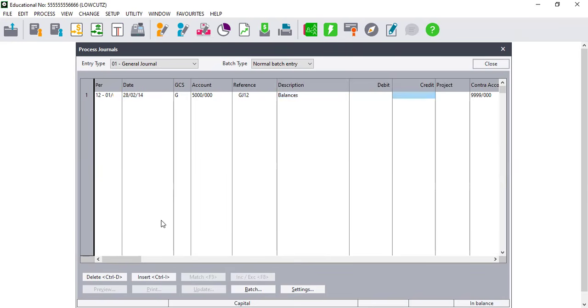Now, I hope you know that our capital is credited. So make sure that when you type this amount, you double check your amounts because it will not balance. How are you going to see that it balances? At the bottom here, where it says imbalance.